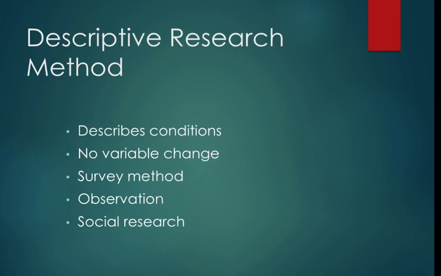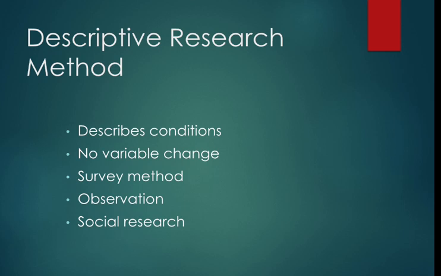Next comes descriptive research method. Descriptive research aims to describe the existing conditions of a situation or a population. It does not involve manipulation of variables. The researcher only observes and records information. This method answers questions like what is happening or what exists.